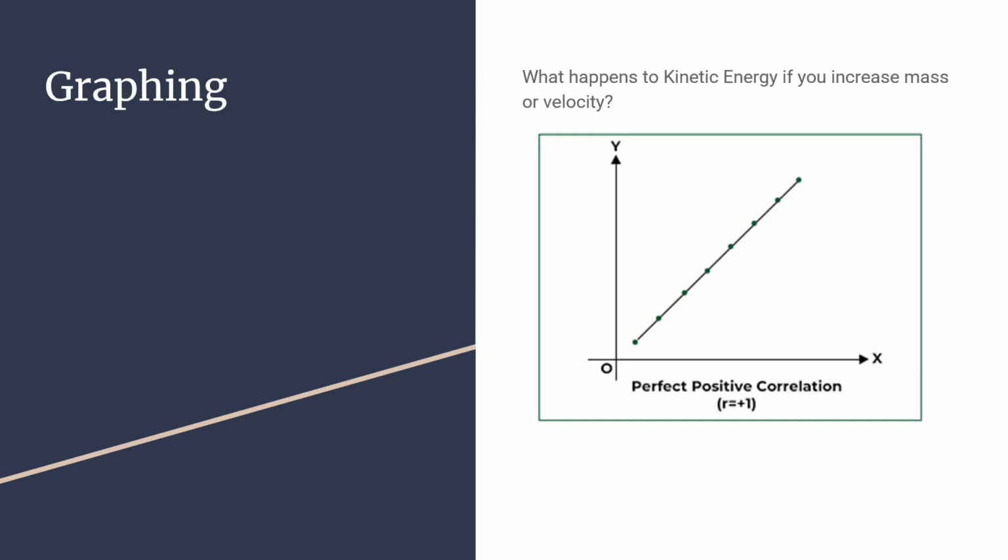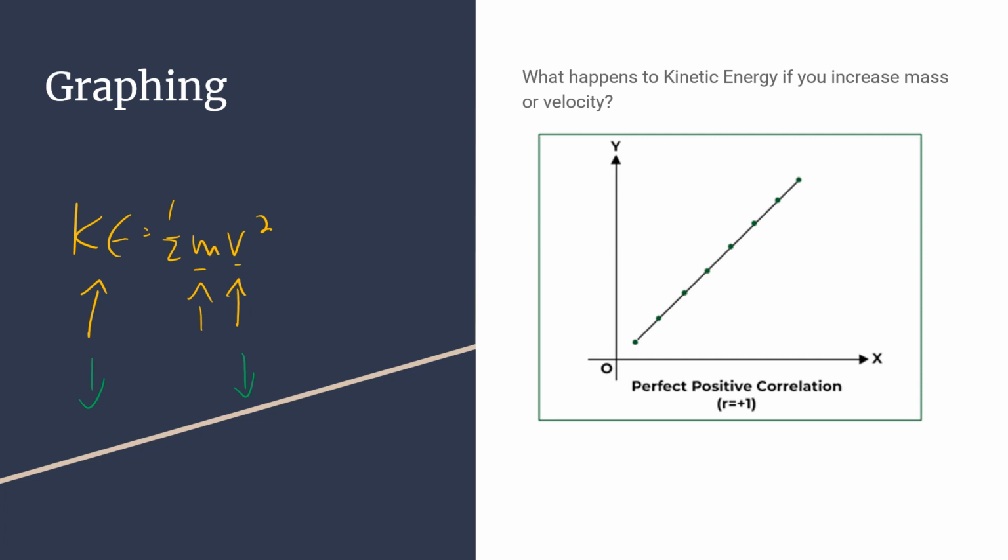What happens to kinetic energy if you increase mass or velocity? So remember that the variables are mass and velocity. Anytime you increase either one of those, you're also going to increase kinetic energy. Now, on the flip side of that, anytime you were to decrease either of those, you would also decrease kinetic energy.